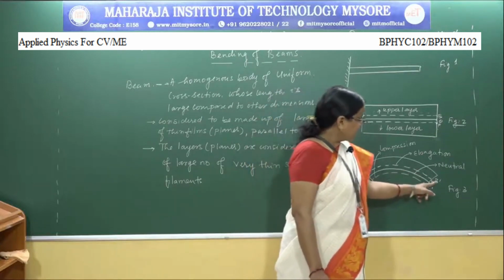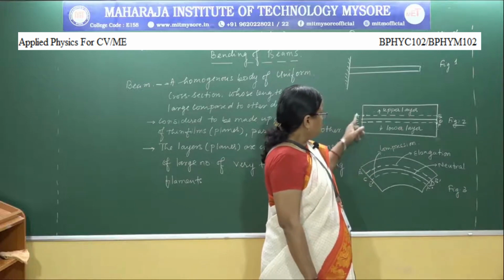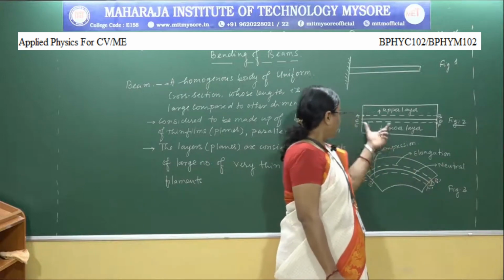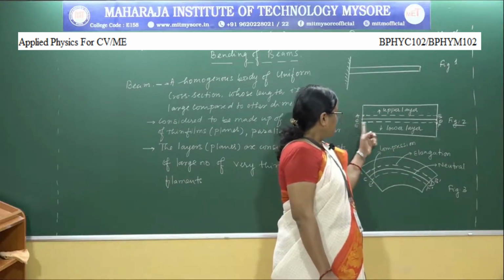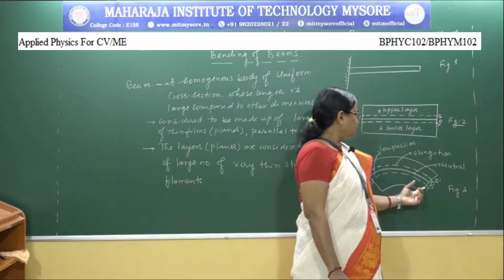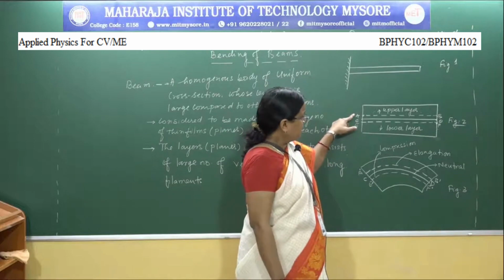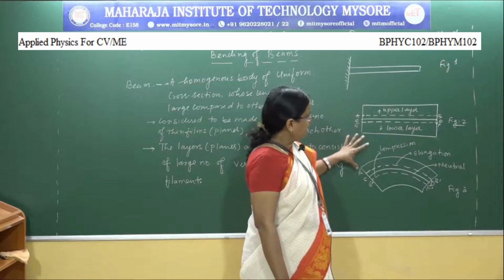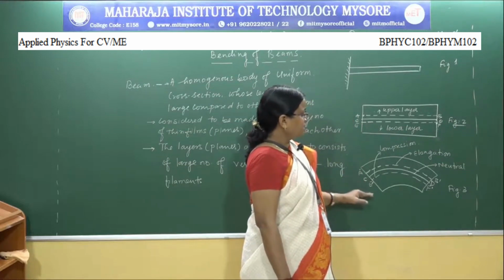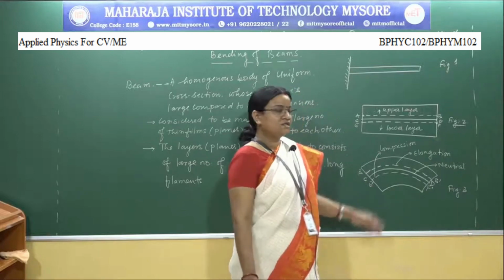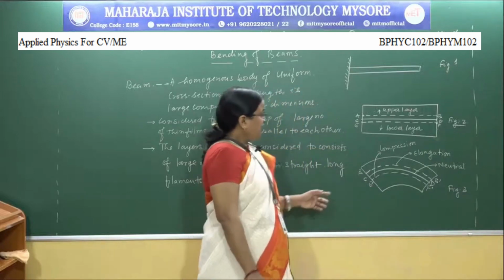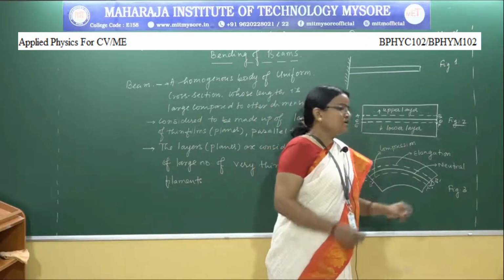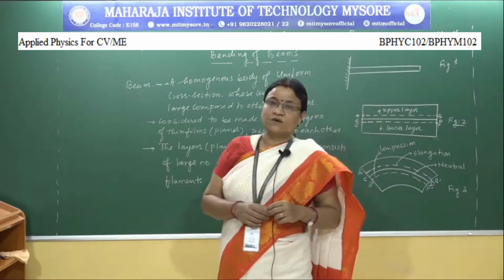A dash B dash is the length of the AB filament after elongation, and E dash F dash is the length of EF after it got compressed. So the change you can find: A dash B dash minus AB will give you how much the AB layer got elongated due to the load, and you can subtract E dash F dash from EF to find out how much it got compressed.